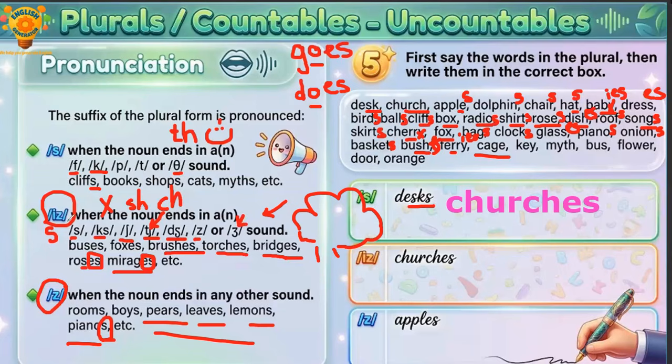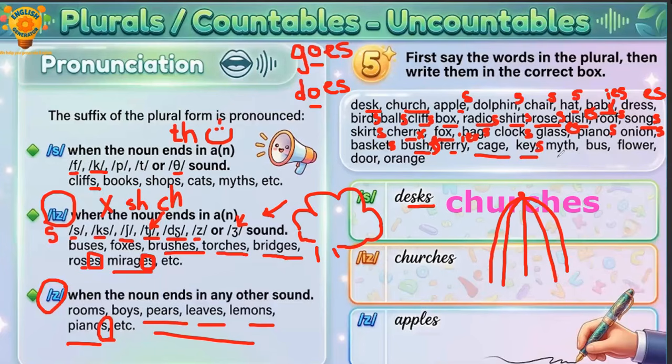Here we will add es, cages. If you don't know the cage, the cage is this place that you confine a bird or a little pet inside. And here we have the word key, so here we have a vowel. So we will put just an S, we will keep the Y, we will not take it off, so it will be keys.